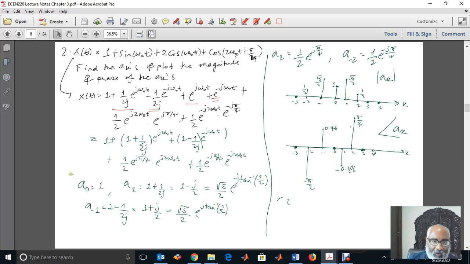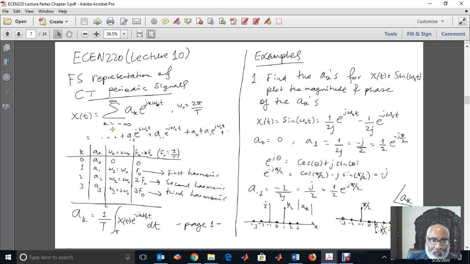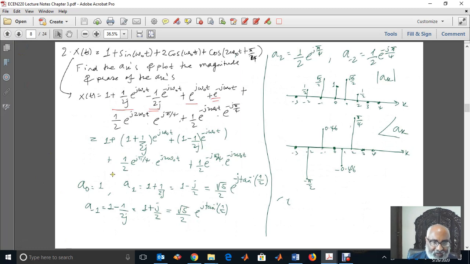So now I compare with the expanded formula, this formula. Okay, remember this formula, and to determine the AKs. So what is A0? Is there any constant? Yes, we have constant 1. A1, 1 plus 1 over 2j, which means when j goes up, 1 minus j over 2.